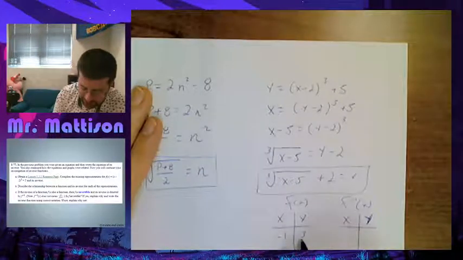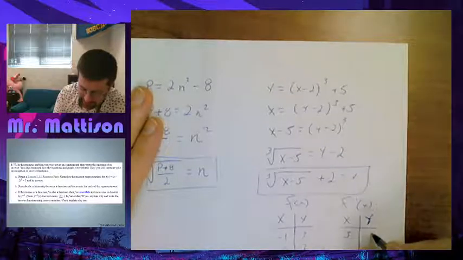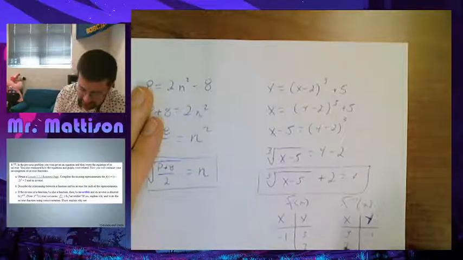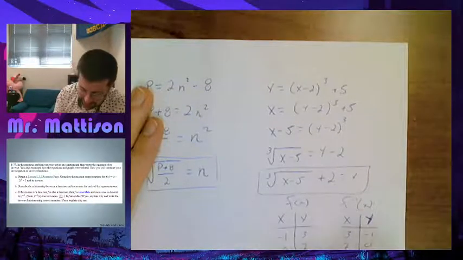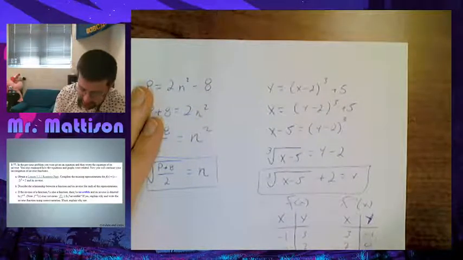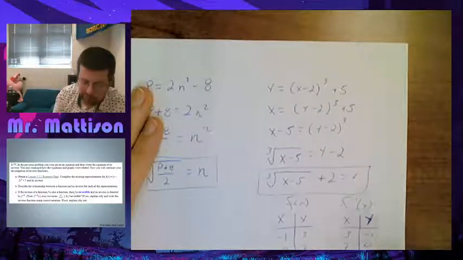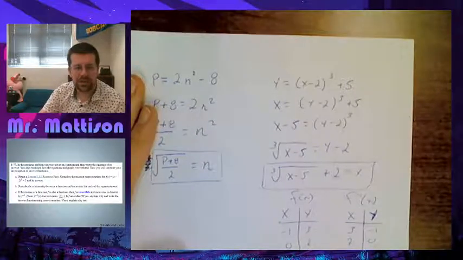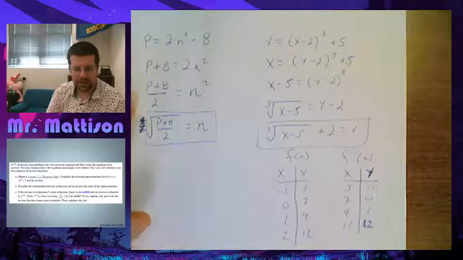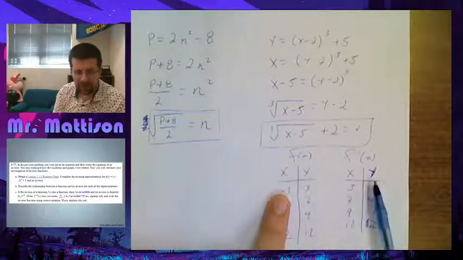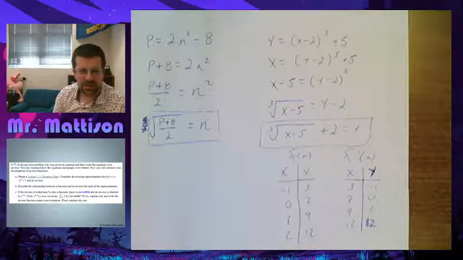So this was -1, 3, now it's 3, -1. This was 0, 7, now it's 7, 0. This was 1, 9, now it's 9, 1. This was 2, 12, now it's 12, 2, right?